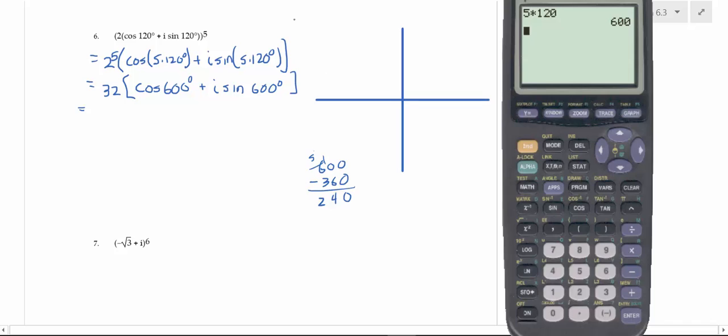So really the way I look at this is I'm going to go 1 lap around the circle, which is 360, plus 240 more. So 240 is going to occur down here somewhere. Okay, so I'll put a diagram there for 240 degrees.